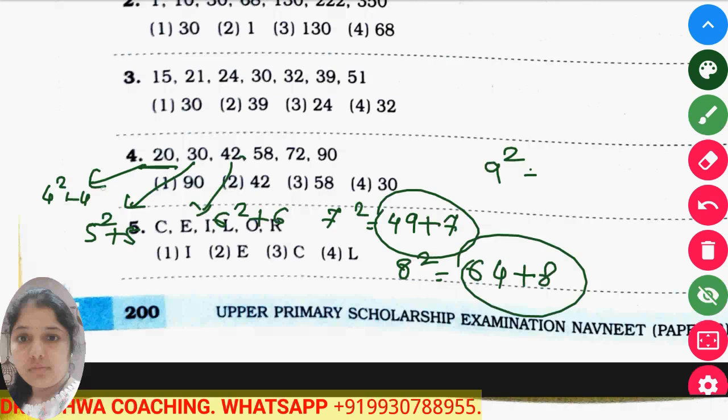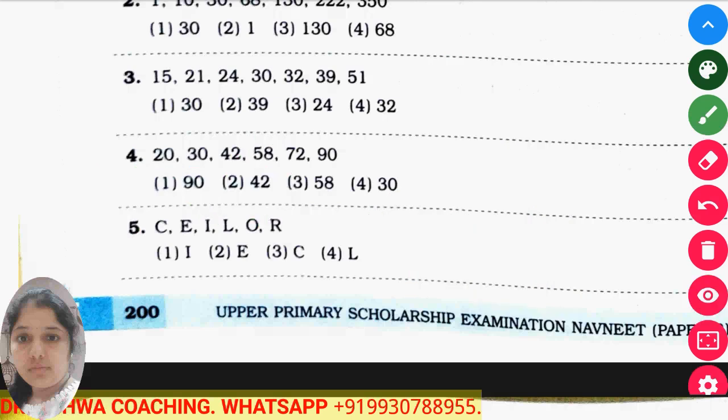So which is odd here you have to find. If you look carefully, you will get the idea which is the wrong term there. So 7 square is 49, and when we add 7 to it, it becomes 56, and here 58 is given to you. So 58 is the odd term there.